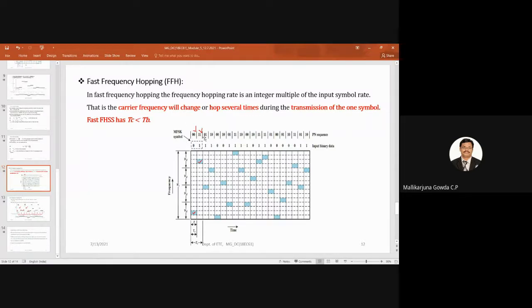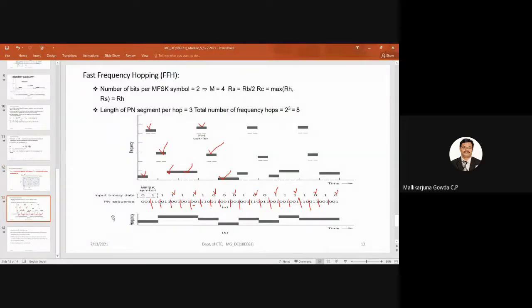Even for this PN sequence, for every 2-bit symbol, write 2 3-bit PN sequences, whatever is given in this example. Then it is easy to mark the symbol hopping frequencies. Without practice, you will not be able to present this directly in the exam.